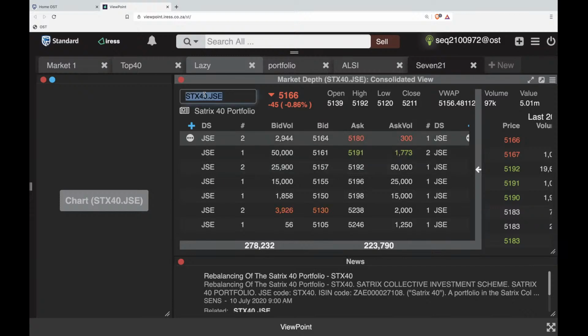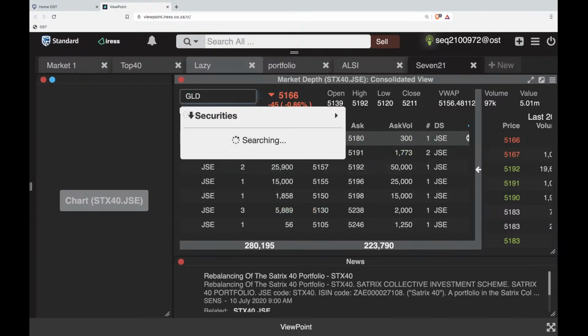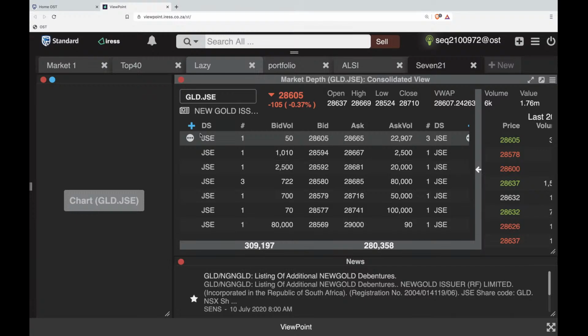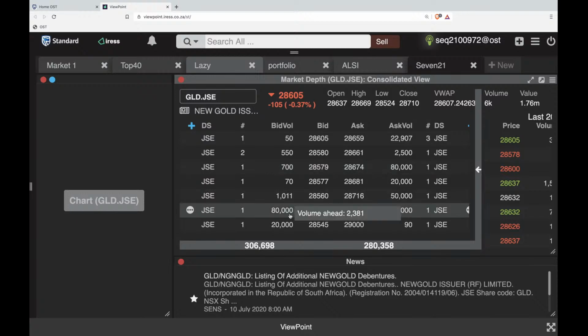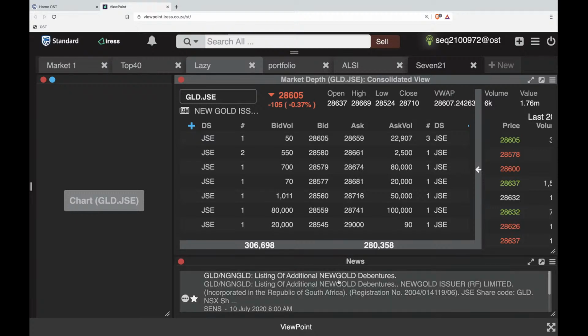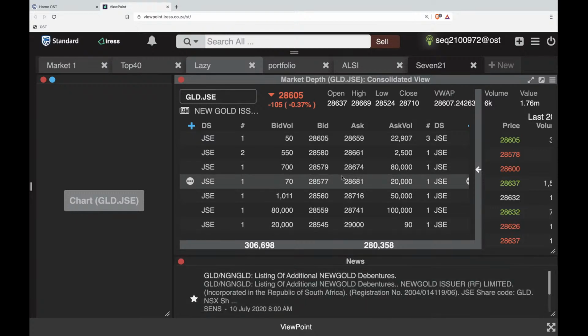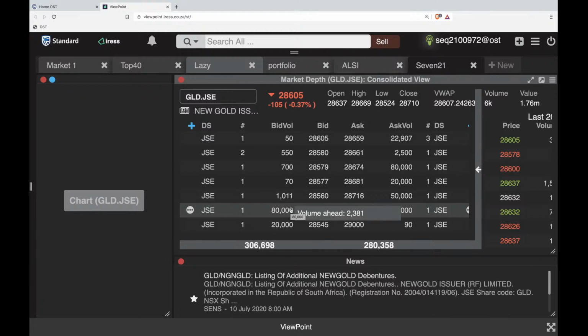I want to show you another one. This is New Gold. Now, there are market makers. There's ABSA at 80,000 and 80,000, another one at 20 and 20, and then there's another one at 100 and 100. But this is such a popular ETF that between their 559, there's actually a fair bit of volume ahead.